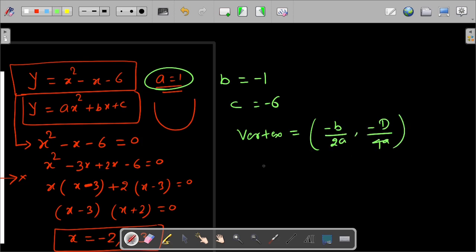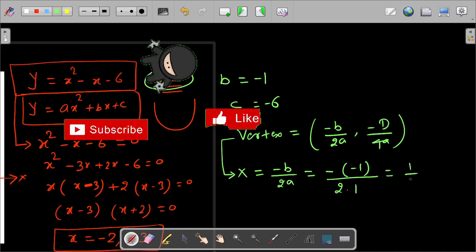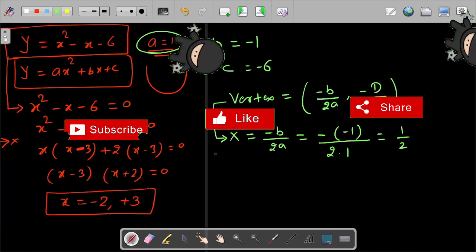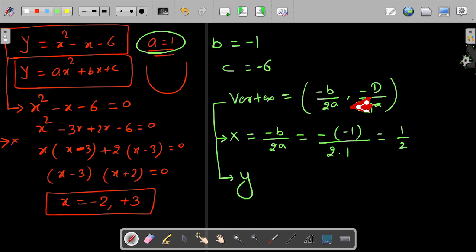Let us first find the x coordinate of the vertex, which is minus b upon 2a. This is minus of minus 1 upon 2 times 1, so this is 1 by 2. Now let us find its y coordinate. What's the y coordinate of the vertex? It's minus D upon 4a, where D is b square minus 4ac.